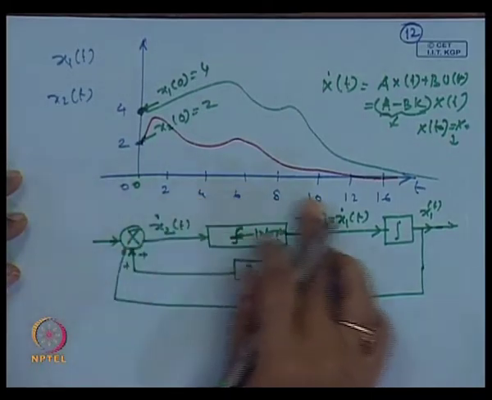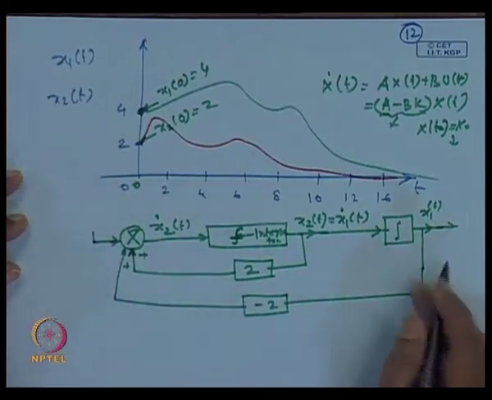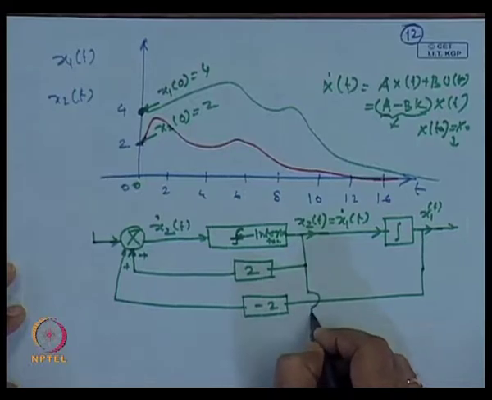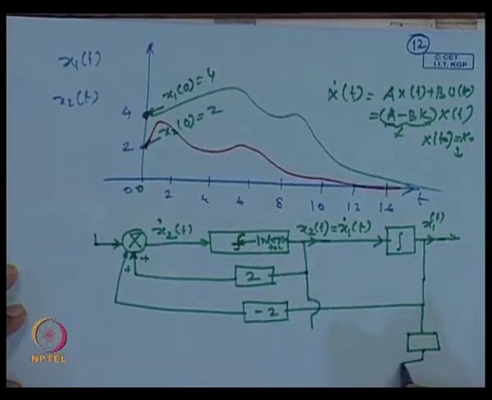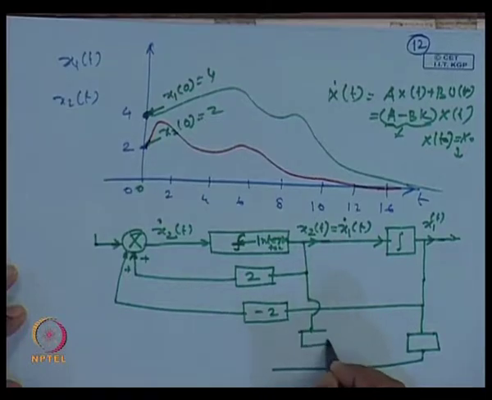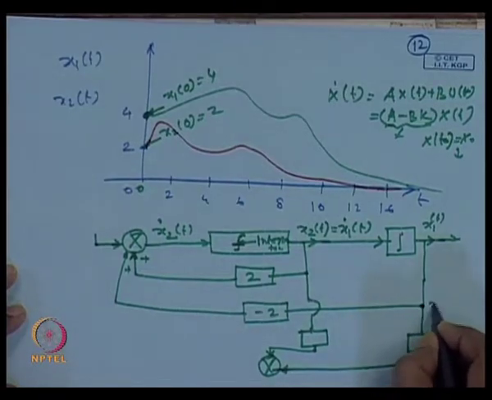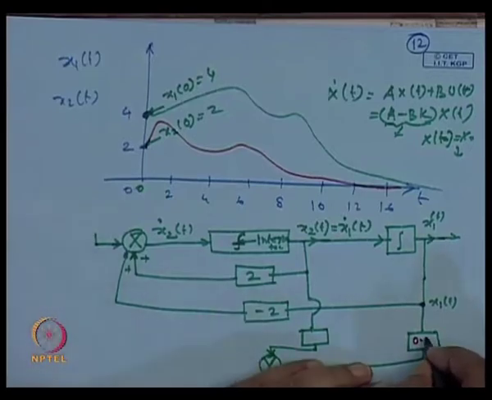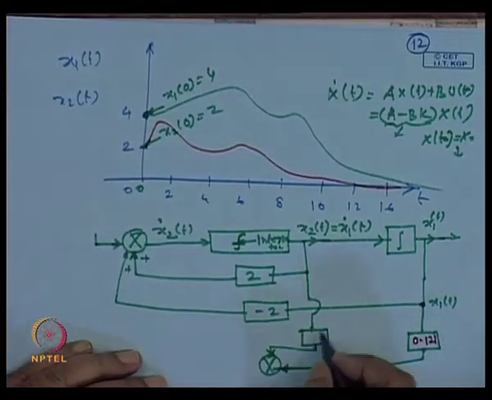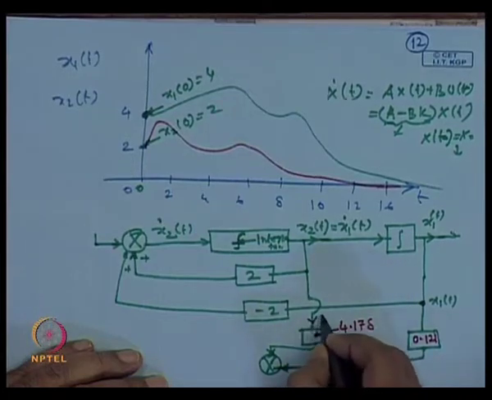So, this portion will be x dot is equal to A x plus B u. So, x 1 and x 2 information must be available to the controller. So, this is our x 1 of t, and this value is 0.121, and this value is 4.178, this is our x 2 of t.